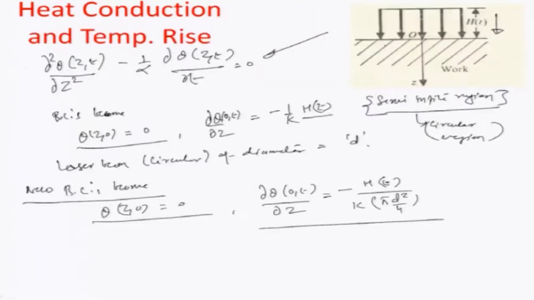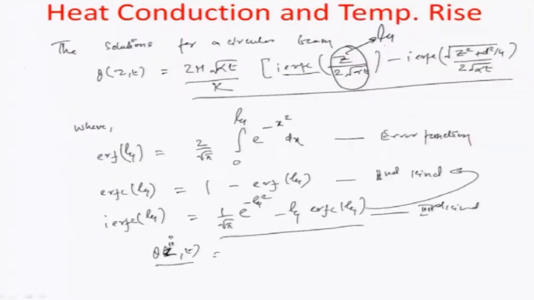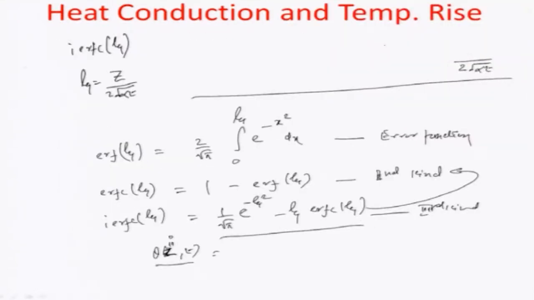So, this becomes very simply 1 by root pi e to the power of 0, minus 0 times the error function of zeta equal to 0. So, this is simply 1 by root pi.